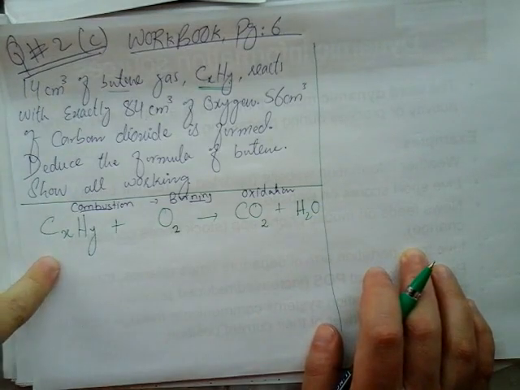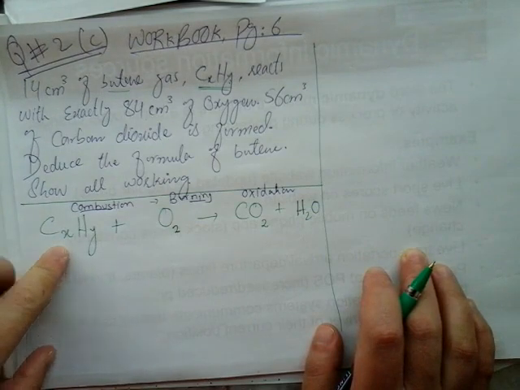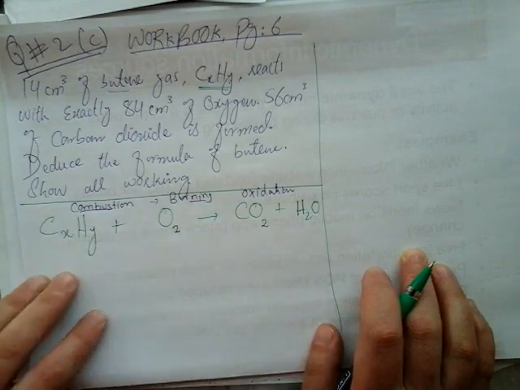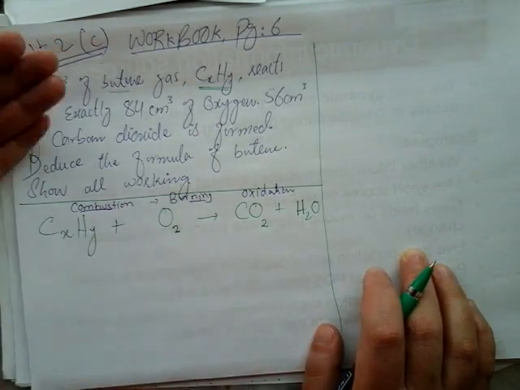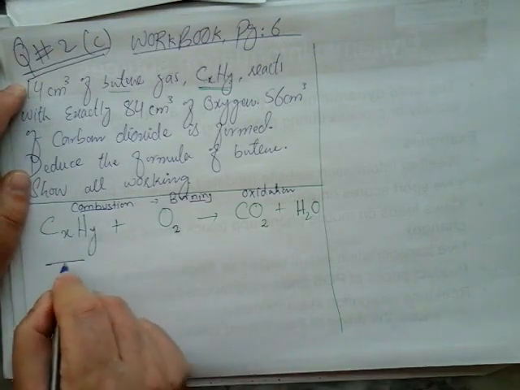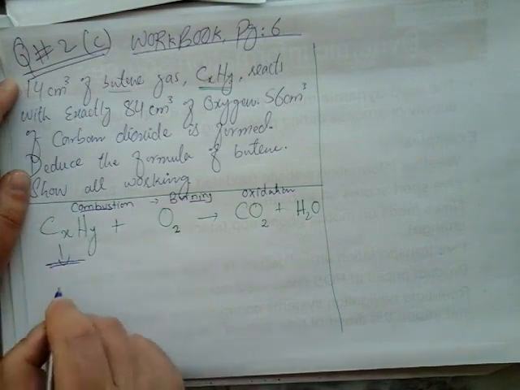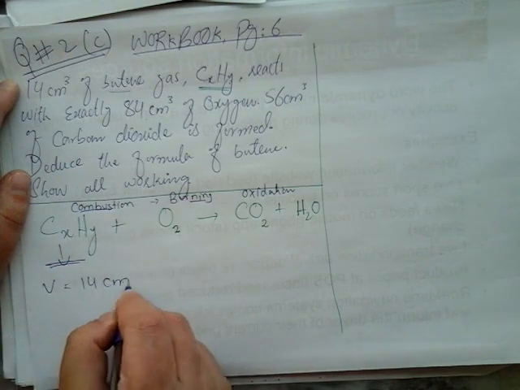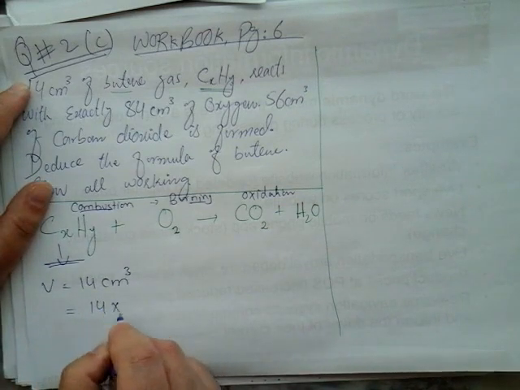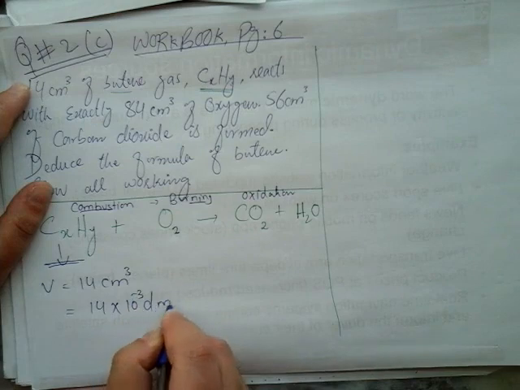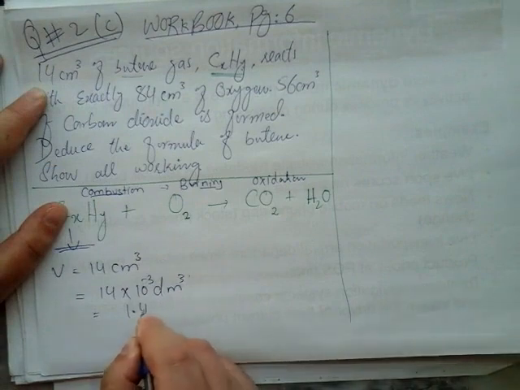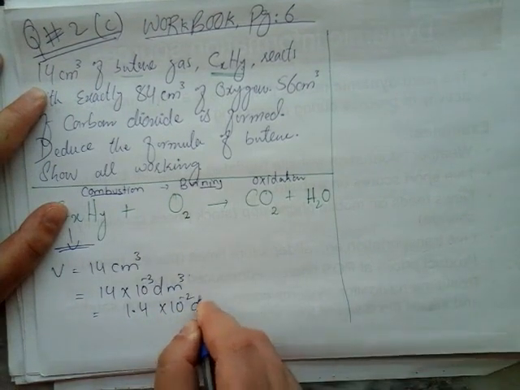Okay, so here we need to find the number of atoms of carbon and hydrogen in this butene molecule, as well as balance the equation with the help of their given volumes. So starting from this butene, its volume is 14 centimeter cube, and I want to convert this into decimeter cube, so definitely 14 into 10 raised to power minus 3 decimeter cube. Is that clear? And it would almost become 1.4 into 10 raised to power minus 2 decimeter cube.